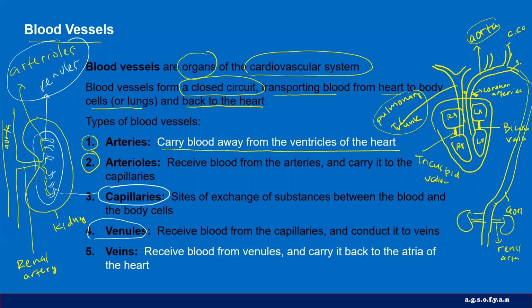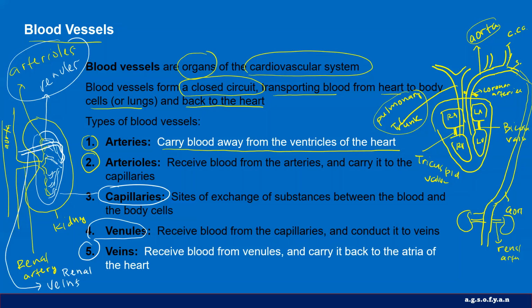These venules then combine together to make a bigger vessel called a vein. The vein is the one that goes out from our organ. Because this is out from the kidney, the vein is called the renal vein.